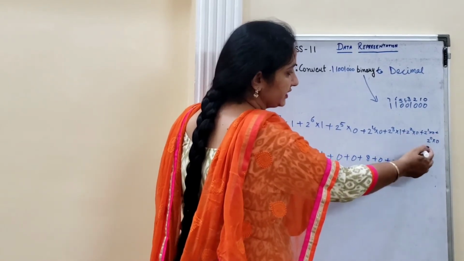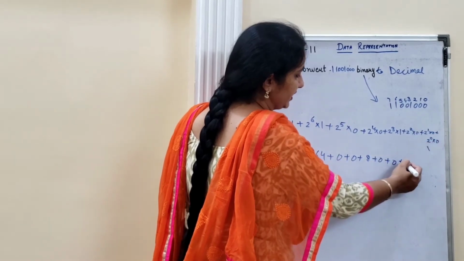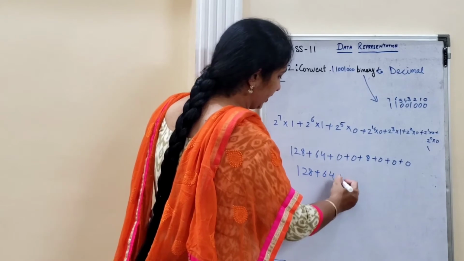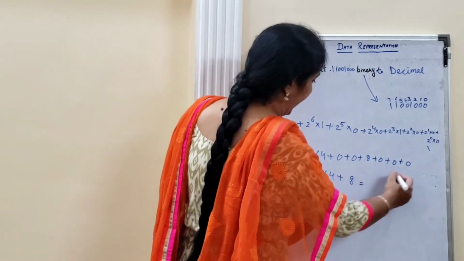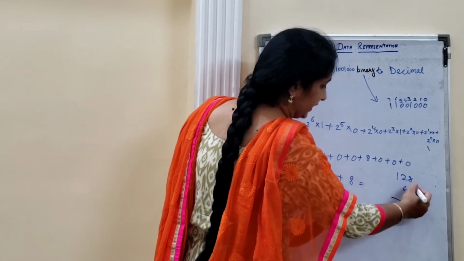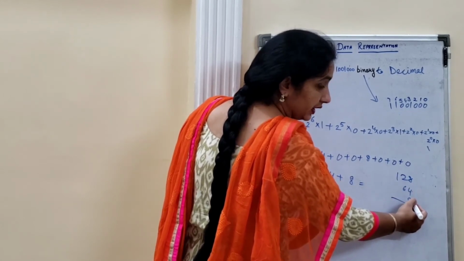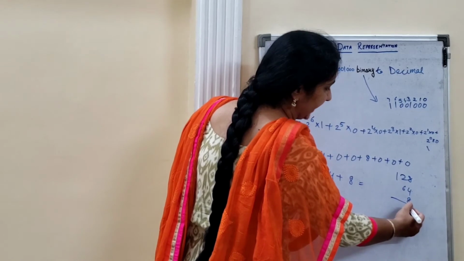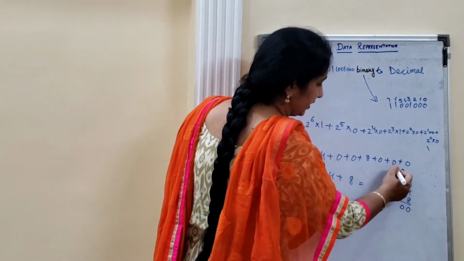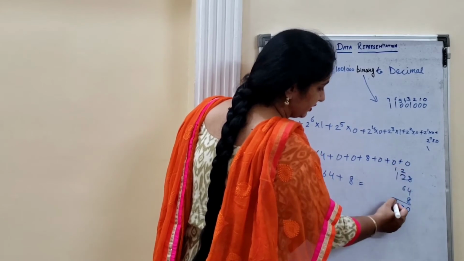And here 2 raised to power 0 is 1, but 1 into 0 is 0. 128 plus 64 plus 8. Add this. 8 plus 4 is 12. 12 plus 8 is 20. 6 plus 4 is 10. 200.